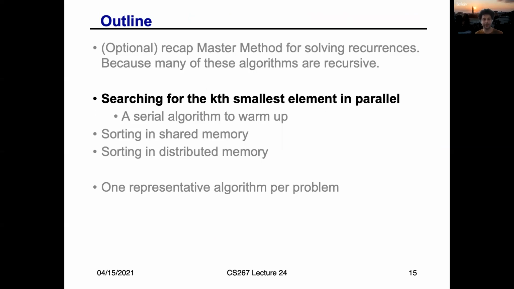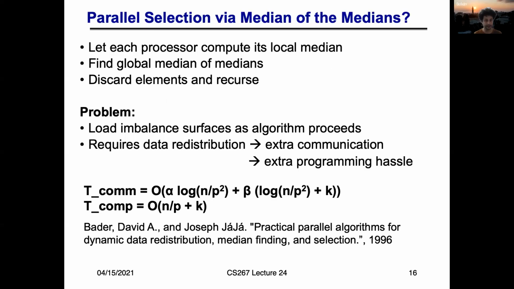Okay, now that we know the median of medians serial searching algorithm, how can we use it to come up with a parallel kth element pick algorithm? Well, we can just say that each processor computes its local median, and now we can find a global median of medians, discard the elements, and recurse. Seems good, except that I have no guarantee on how many elements are going to be discarded at each processor.